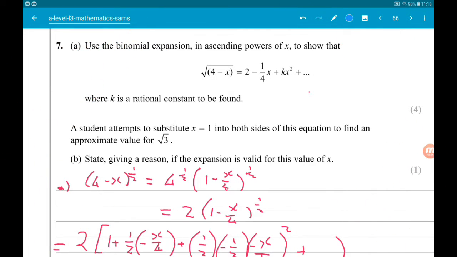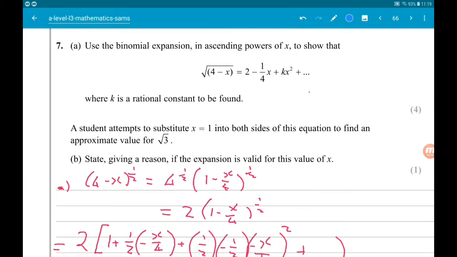Okay, then for part B, we're told the student attempts to substitute x equals 1 into both sides of this equation to find an approximate value for root 3. State, giving a reason, if the expansion is valid for this value of x.